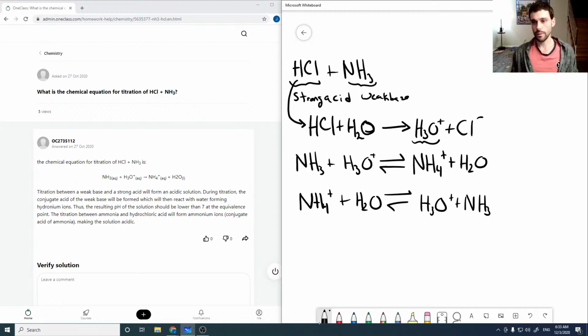But in the end, because you're forming an acid, at your equivalence point, i.e. when your NH3 equals your original HCl that you've put in, you should still be slightly acidic because you're forming an acid.